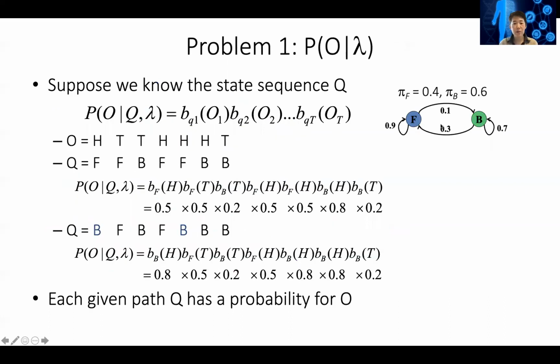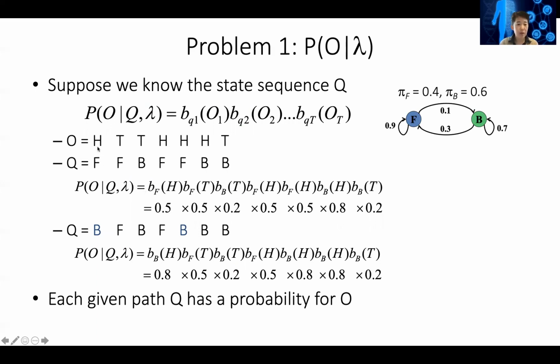So let me remind you again of the initial probability and transition probability of this hidden Markov model. So supposedly, we know the state sequence. If the observation is this, and if we know that the coins used underneath each coin flip are the following, fair, fair, bias, and so on, we can easily calculate this based on the emission probability.